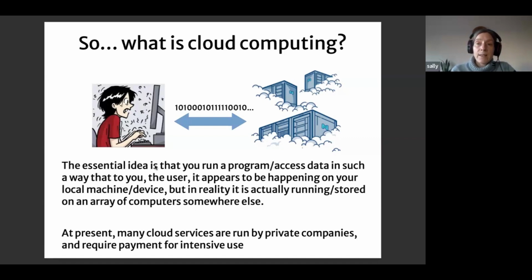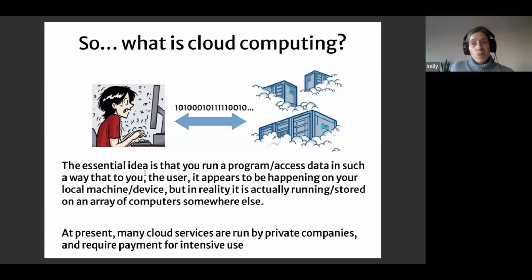So cloud computing is normally quite a user-friendly experience. It looks to you as though nothing is different from if you were running the calculation on your own machine. But in fact, there's immense computing power behind it, running on either a single array of computers or a series of computers elsewhere that have very significant processing capacity.